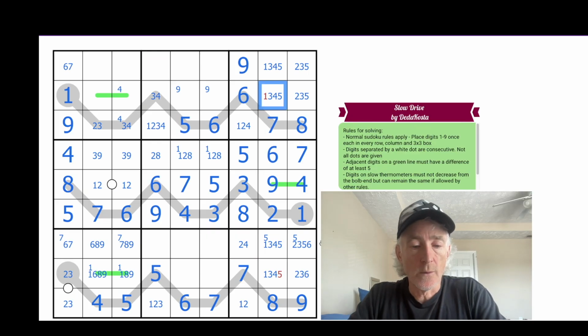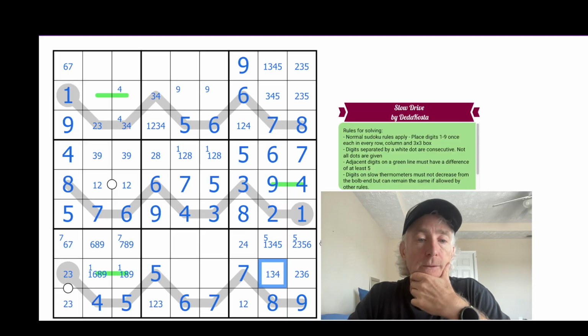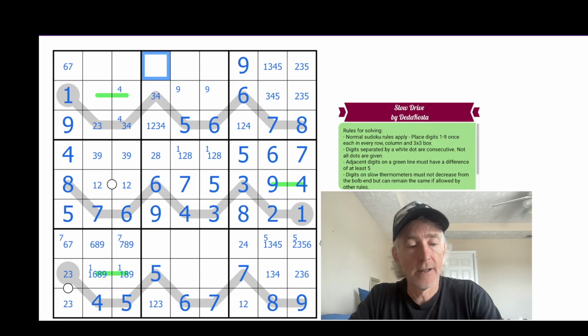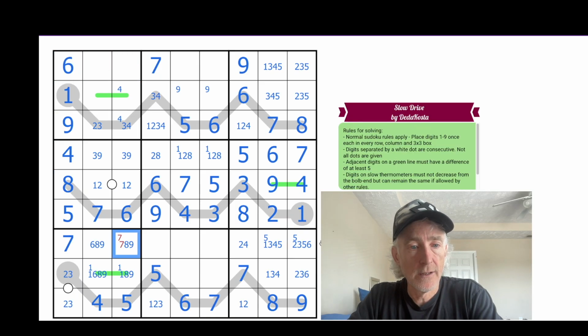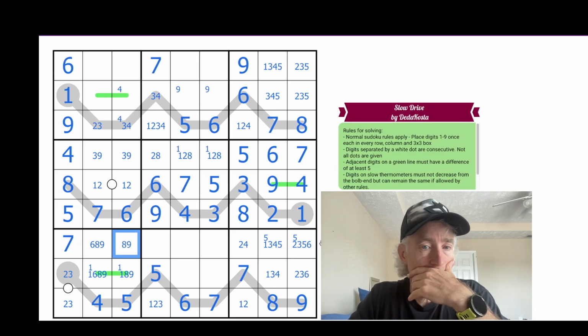All right, so this is not 1 because of the 1 in the row, and this is not 5 because of the 5 in the row. Seven. Okay, 7 is placed up here. Oh, that's helpful because that means this is a 6. That's a 7. Okay, what about this now?